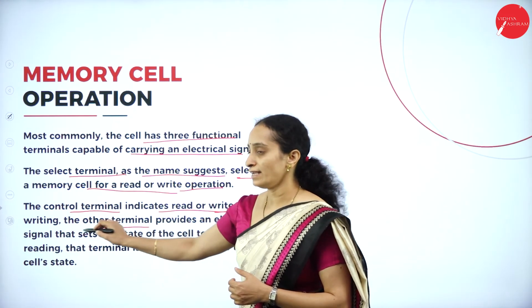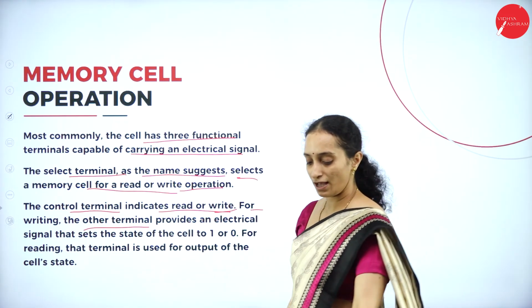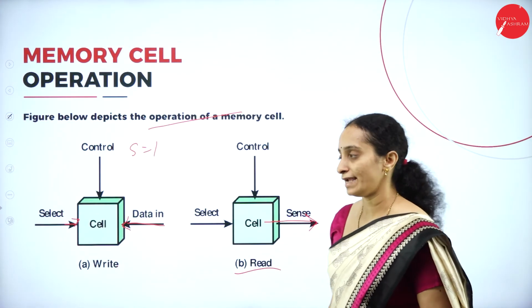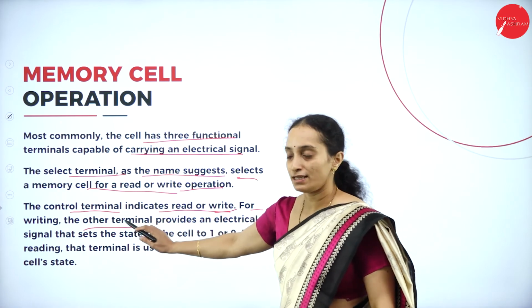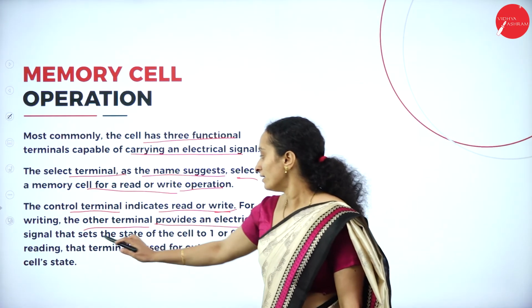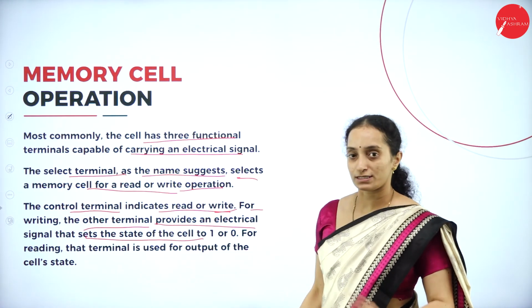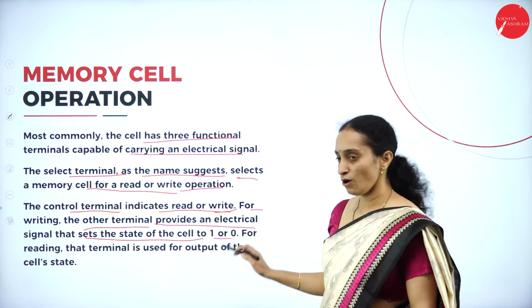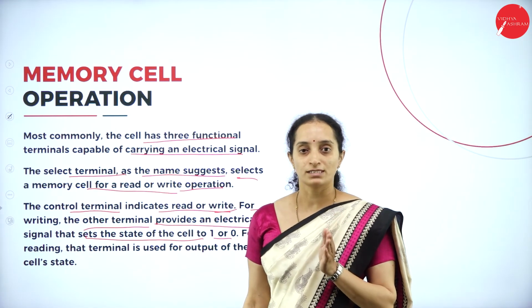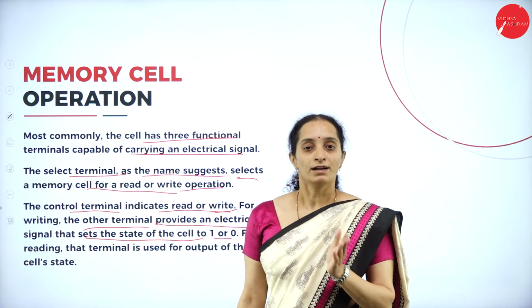We have another terminal, the data in, for writing. For writing, the other terminal provides an electrical signal that sets the state of the cell to 1 or 0. So the state of the cell will be changed.